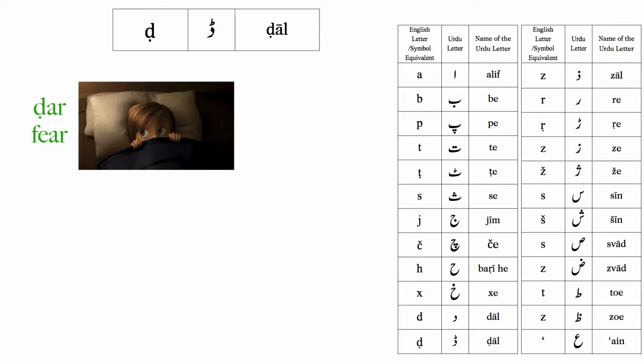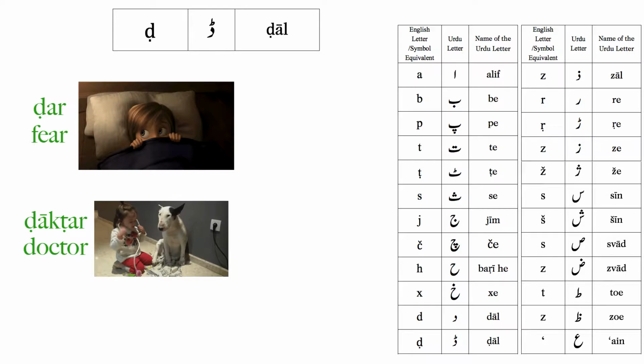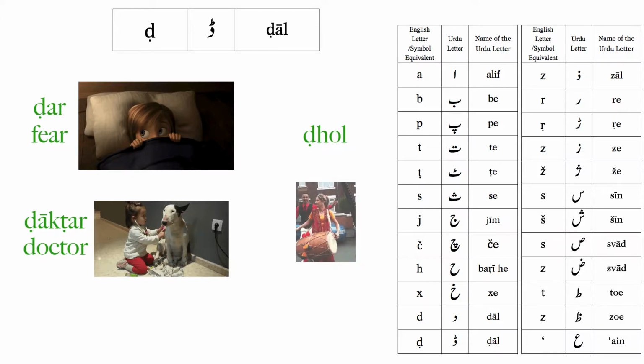Next we've got doctor. And I laugh a little bit because I can't remember the last time someone pronounced doctor as doctor. And finally, we've got dhol. Some of you out there may know it, maybe from a popular Indian song.